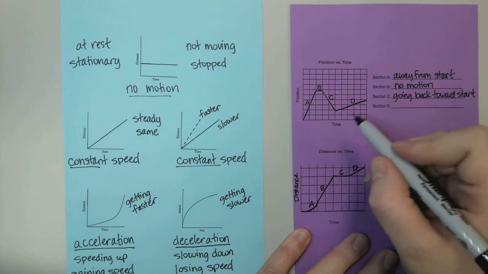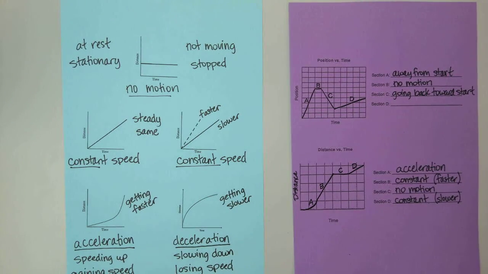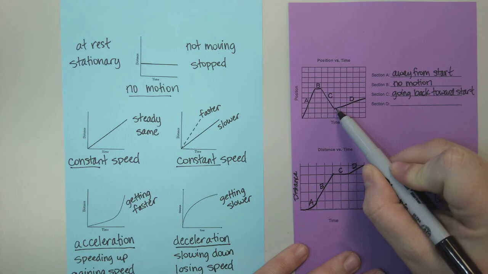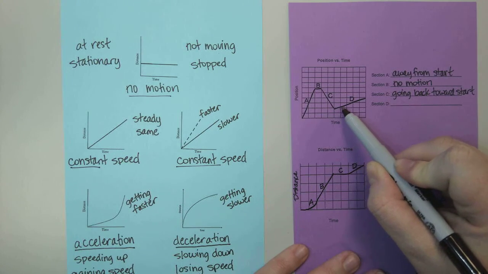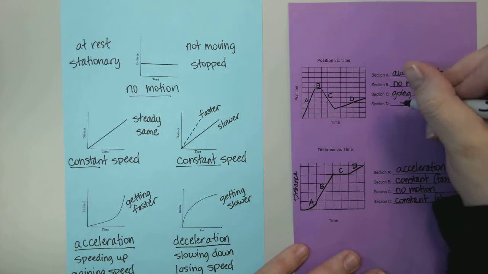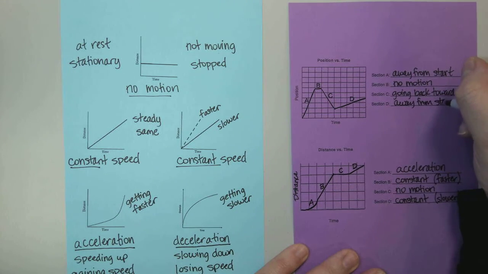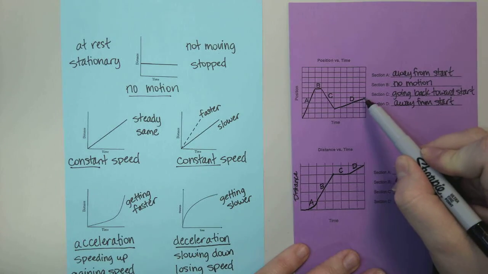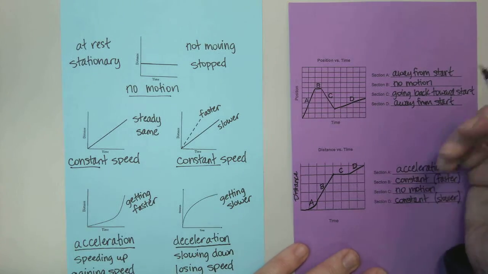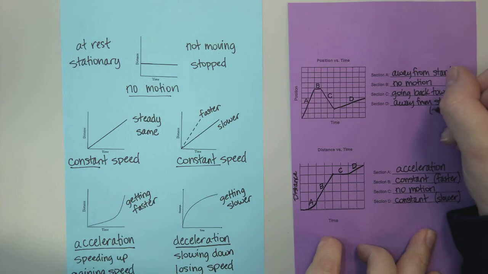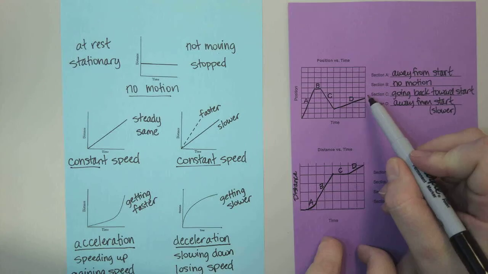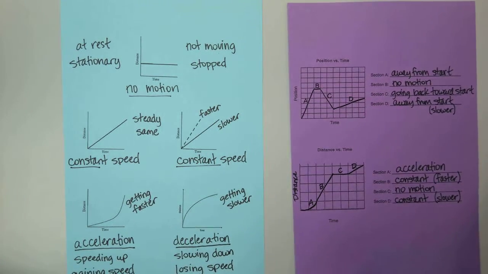It didn't quite make it all the way back to the starting line, but it went back towards the start. Now it's going again back away. Okay, so away from start. And in this case, it's a lot more of a flat line, so we know that it's going slower than it was before. It's taking it a longer time to go an even shorter distance.